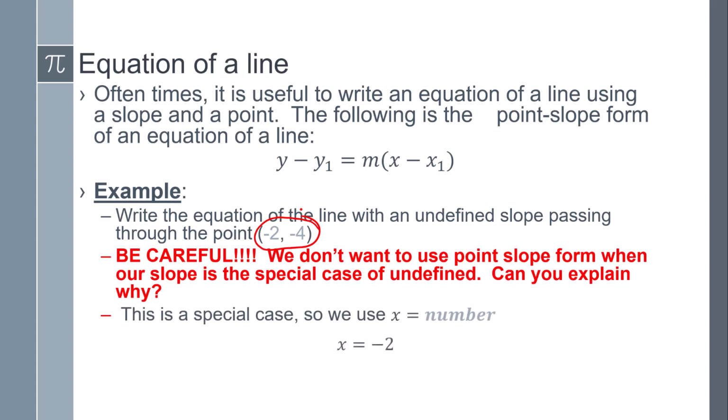Fortunately, if your slope is 0, we can still plug in 0 for m. It works out. But when you get undefined, there's no workaround. It's always going to be x equals whatever the x value is. So since my x is -2, my line is going to be x equals -2.